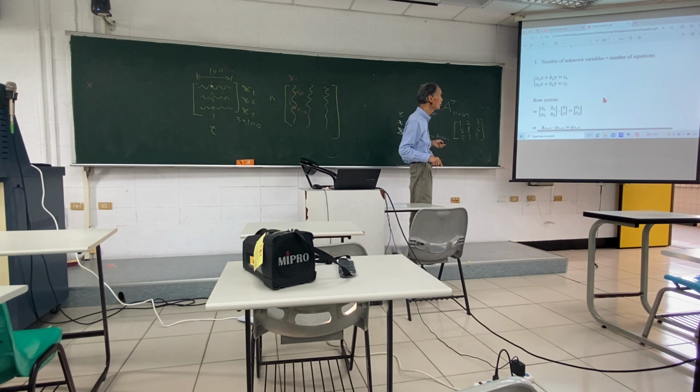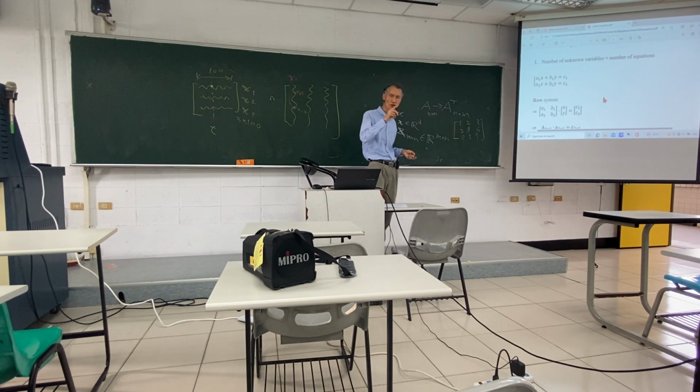Then the unknown vector has to be 2 by 1, because for the multiplication to work it has to be 2 by 1. Then 2 by 2 times 2 by 1, the result is 2 by 1, the expected output C1, C2. This is the row system, what you have learned since senior high school.